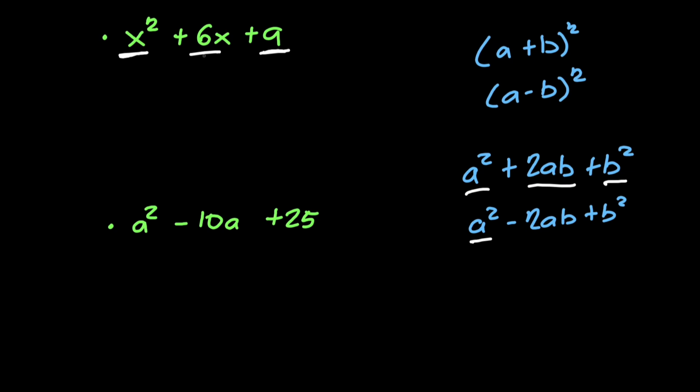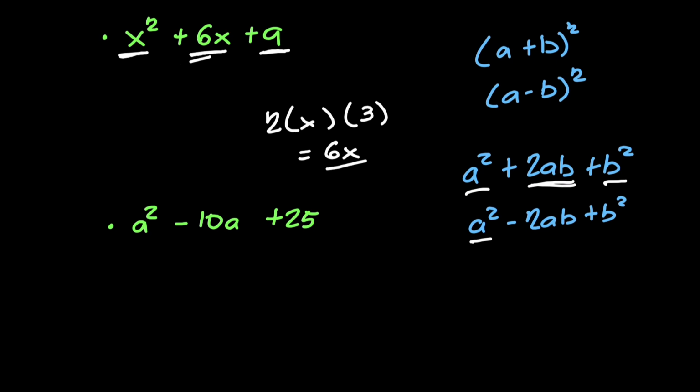And now, we will find whether 6x is part of this by taking this formula 2ab, which would be 2 multiplied by a, here x, and b, here 3, which would be 6x. So this matches.